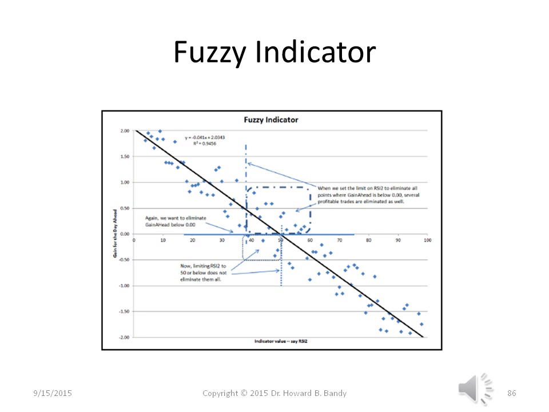If we move the vertical line to about 37, where it does eliminate all of the losing trades, we also give up some of the profitable trades. So there's some trade-off in setting the threshold. Again, we're trying to do a division of the target space horizontally by setting a vertical line.